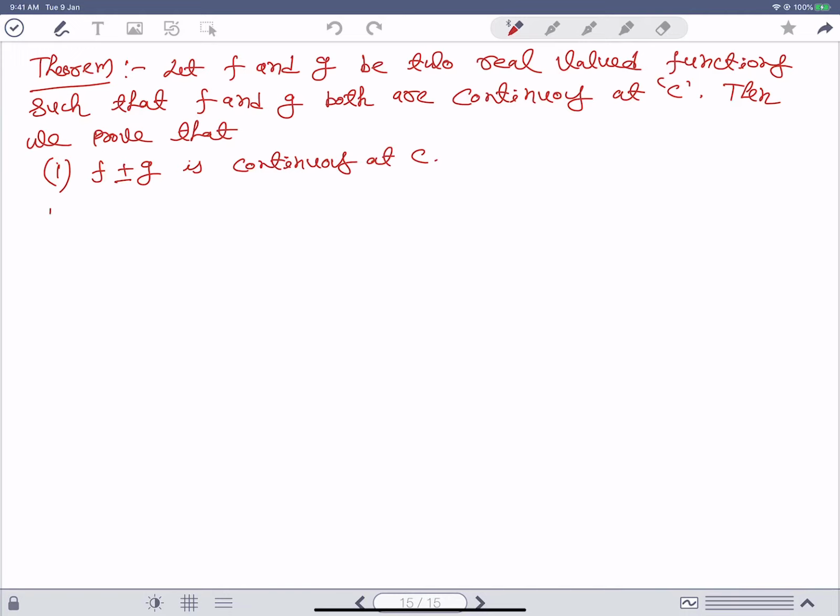And we also prove that the product of the functions fg, defined by pointwise multiplication, that is f of x into g of x, is also continuous at the point c.